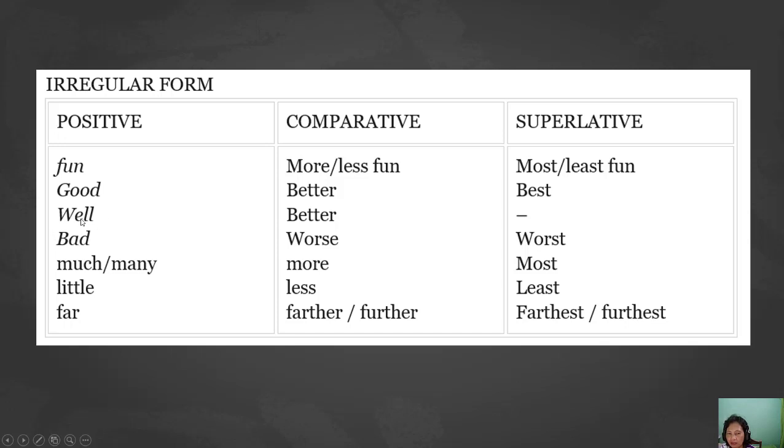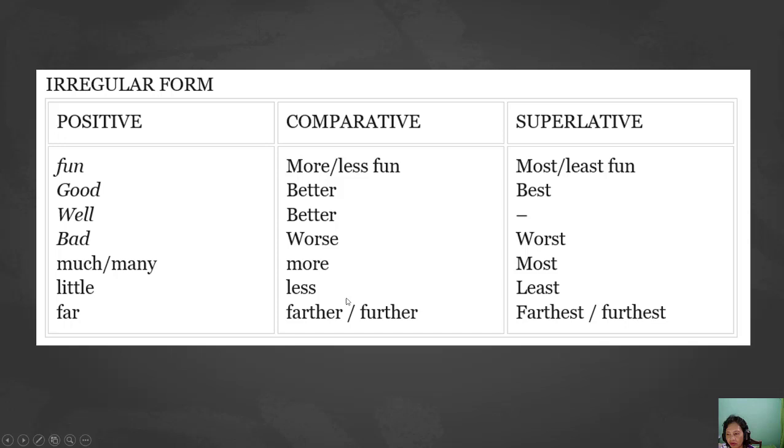Well, here it is an adjective, not an adverb, so it shows the condition of our health. We have better, but we don't have best for this. And then bad, worse, worst, and then much or many become more and most. Little becomes less, and then least.